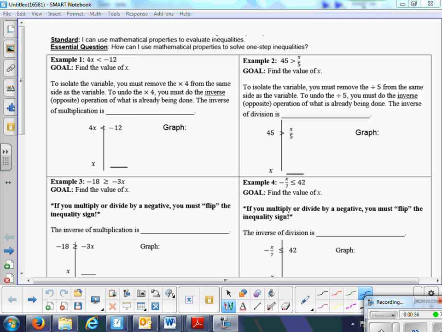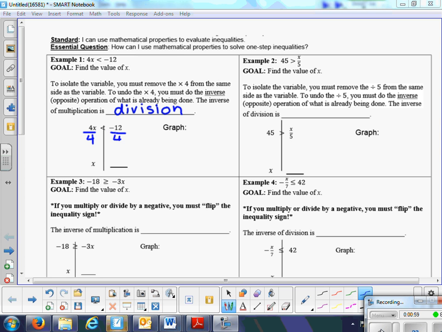Remember that we're trying to isolate the variable in 4x. That means that x is being multiplied by 4. So to undo that times 4, we need to do the inverse operation. And the inverse operation of multiplication is division. We're going to divide both sides of our inequality by 4.